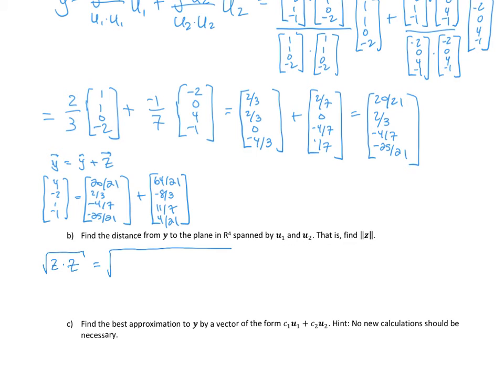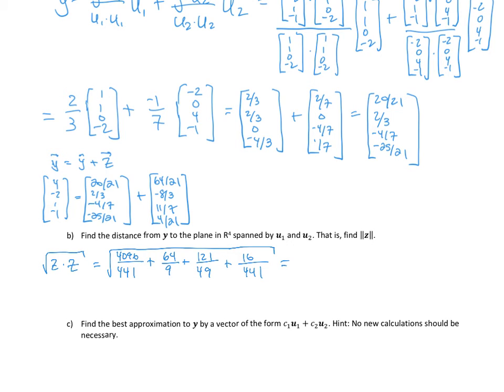So 64 over 21 squared is 4,096 over 441, plus 8/3 squared would be 64 over 9, plus 11/7 squared would be 121 over 49, and 4 over 21 squared would be 16 over 441.